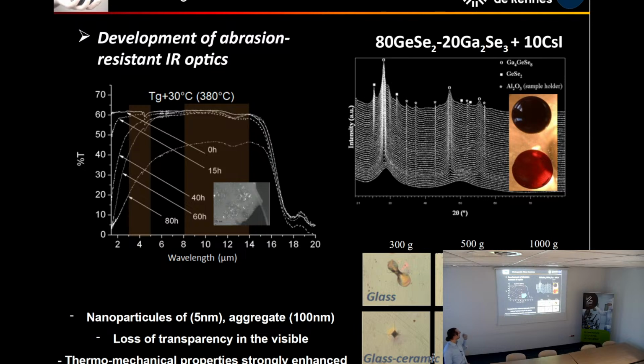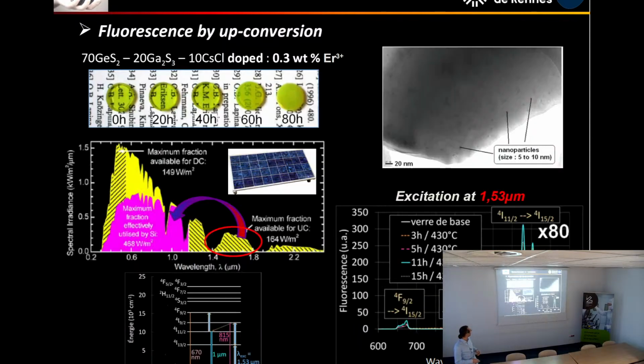And this work has been done in this kind of glass, which has a tendency to crystallize, and where it is not too difficult to control the crystallization by thermal treatment. Because if you have too large crystals in your glass, you can increase the mechanical property by the presence of the crystals, but you can also lose the transparency of your material. Okay.